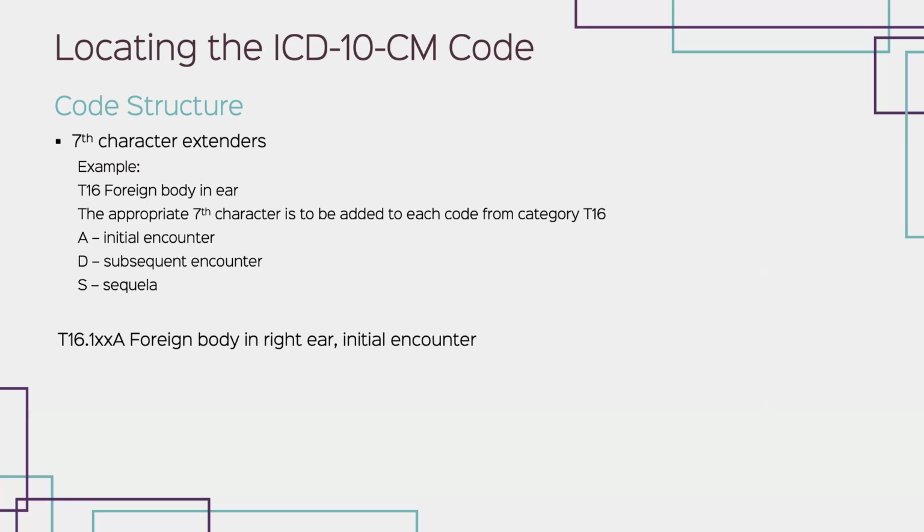So we have to put those placeholders there, the 2 X's at the end of the code, to make it long enough so that that 7th character A is placed in the correct position at your 7th spot. So T16.1XXA is your valid code. But if you were to report T16.1A, that would be invalid because our 7th character would not be in the 7th position.